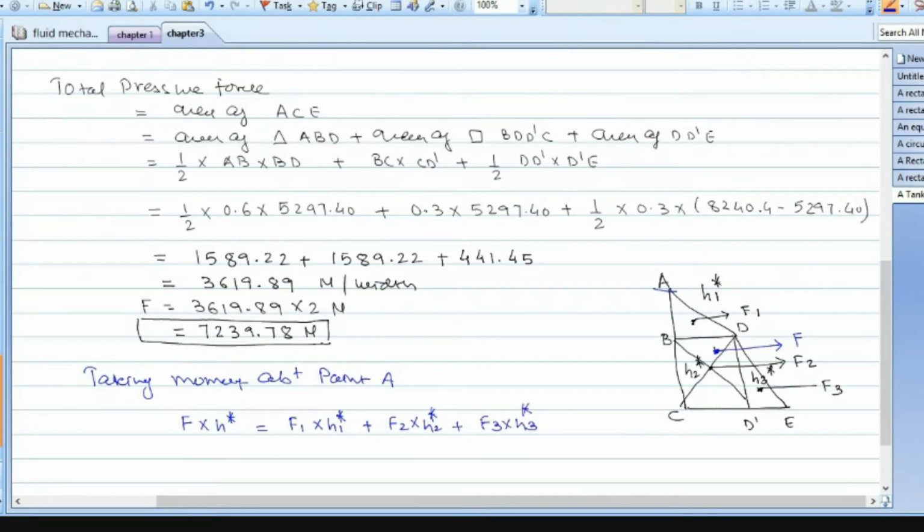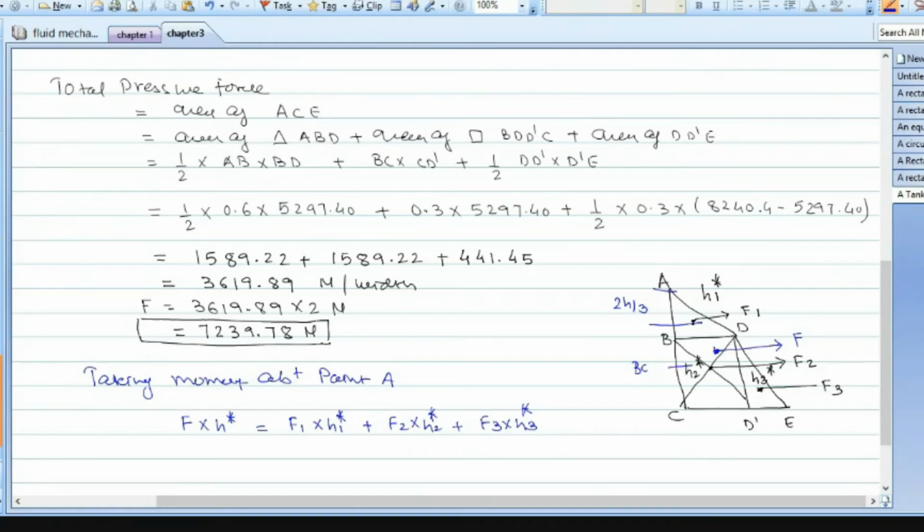We already have the values of F1, F2 and F3. We just calculate the values of H1 star and the others. From point A, the centroid is located at 2H by 3. The total height AB is 0.6, and BC is 0.3, so its centroid is at half of that, BC by 2.